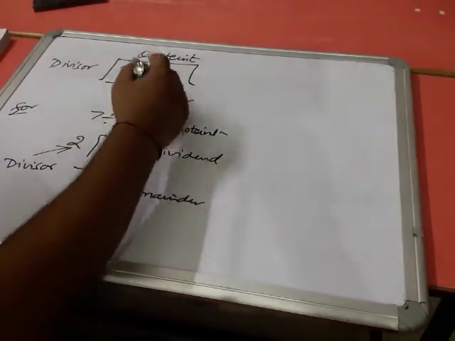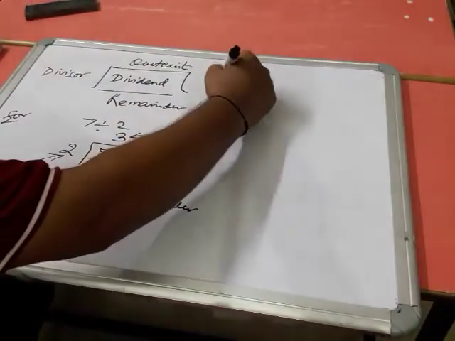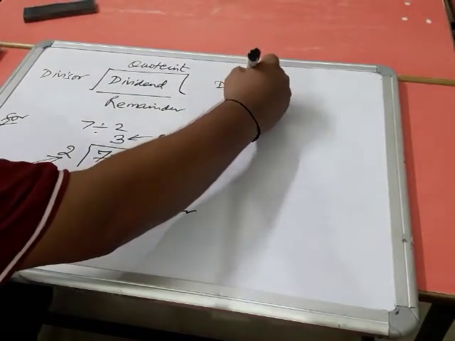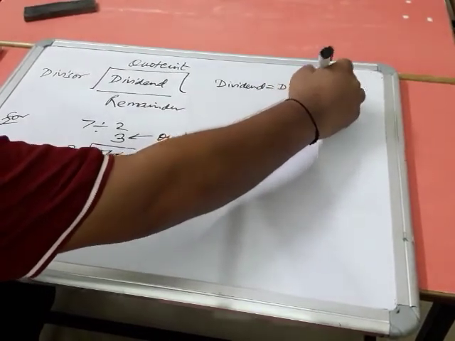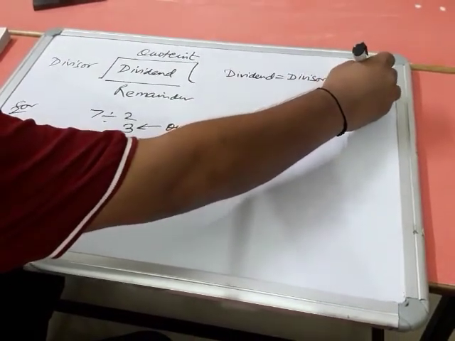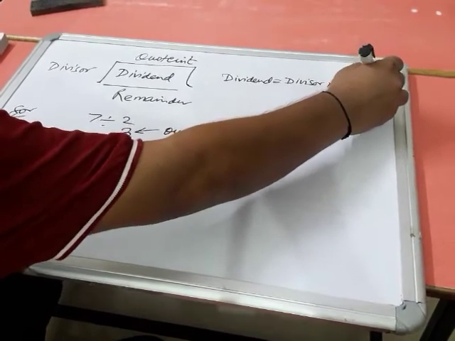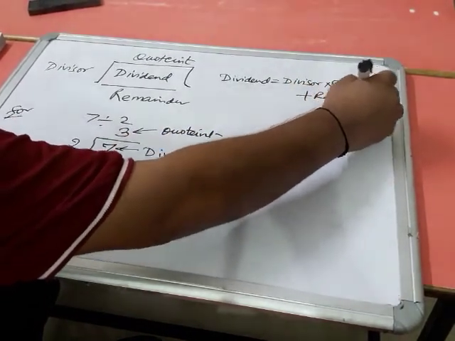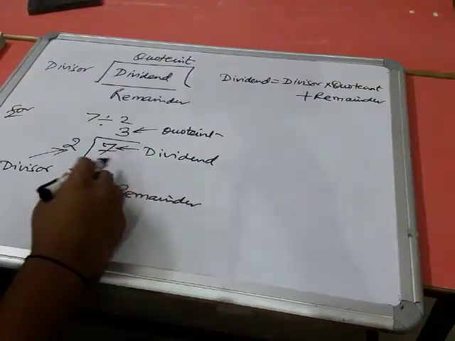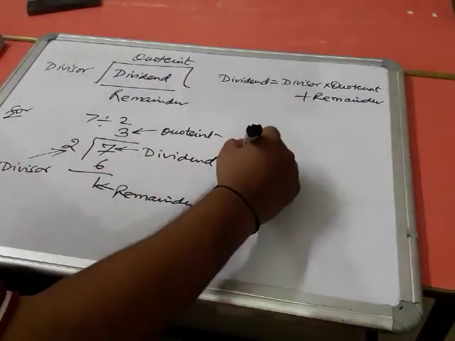The division algorithm says that dividend is equal to divisor into quotient plus remainder. We can verify this. The dividend is 7.